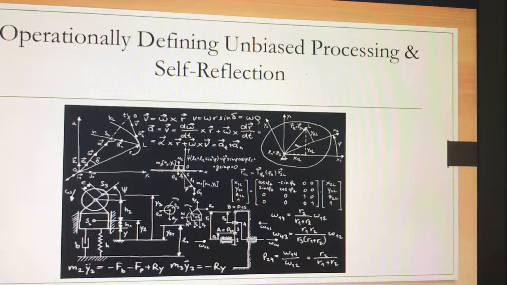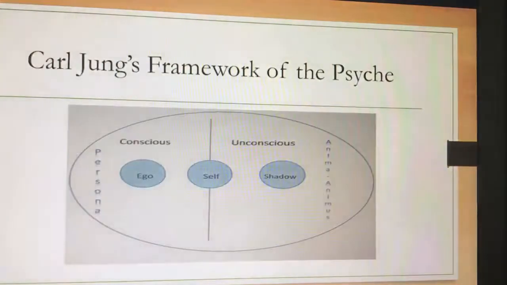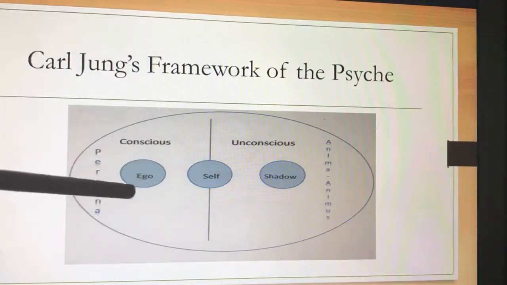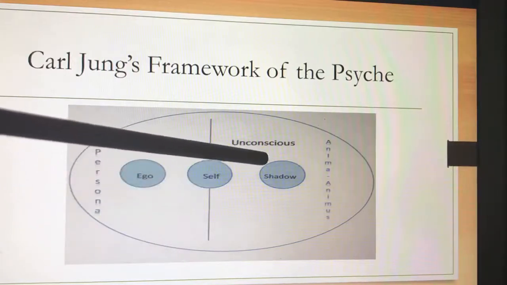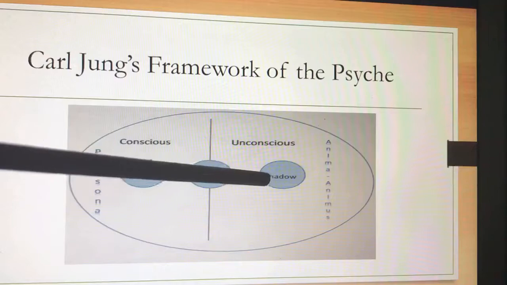So now, let's venture over to our second objective, the theory and research underpinning the transaction model. We begin with Carl Jung's framework of the psyche. In Carl Jung's model, the psyche is emphasized as the personal unconscious or ego, resting upon a deeper layer defined as the collective unconscious or shadow.